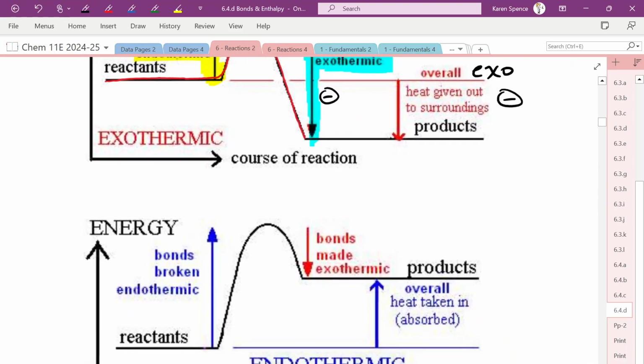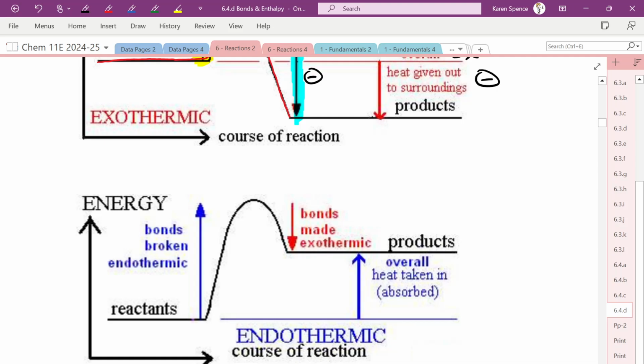We could also do the same thing for an endothermic reaction where our bonds broken, we have more positive this time, and we have less negative. And so when we add up the positive and the negative, the overall is going to be positive.